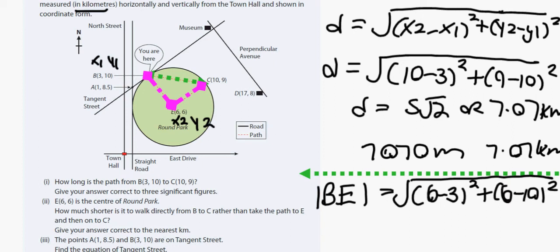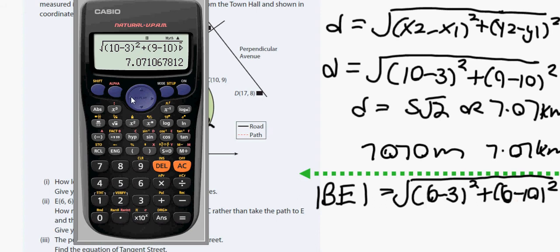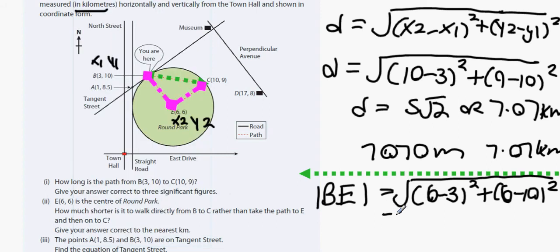I'm going to put this directly into the calculator. So 6 minus 3 squared and 6 minus 10 squared. And we get this as 5. Okay? So the length of BE is 5.